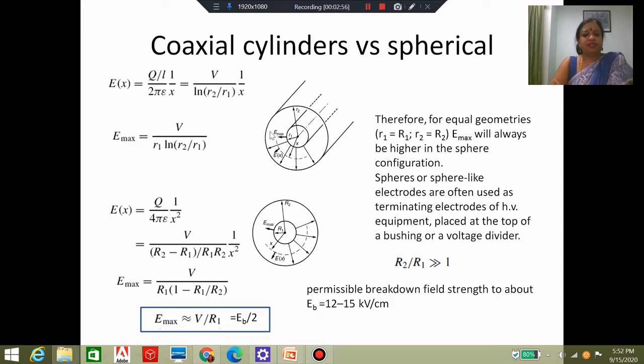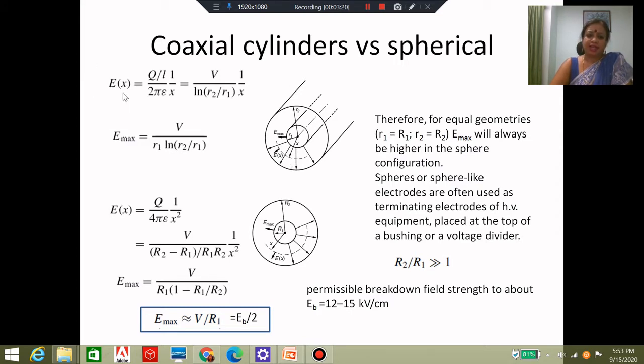Now, what kind of distribution would you expect around or inside a coaxial cylinder? Let us consider this case. We have an inner cylinder of radius R1 and an outer cylinder of radius R2. These are coaxial cylinders. You can imagine this to be a cable with the insulation inside here between R1 and R2.